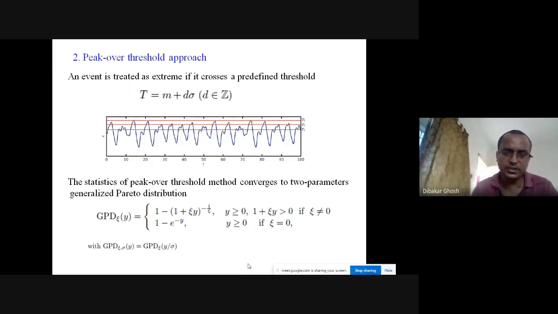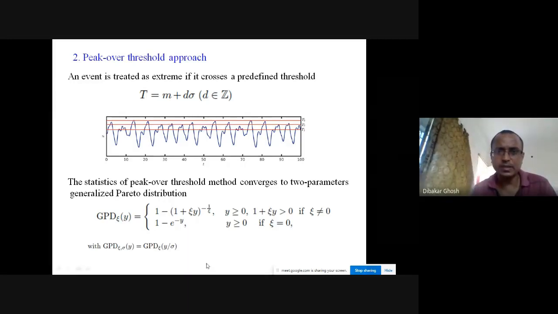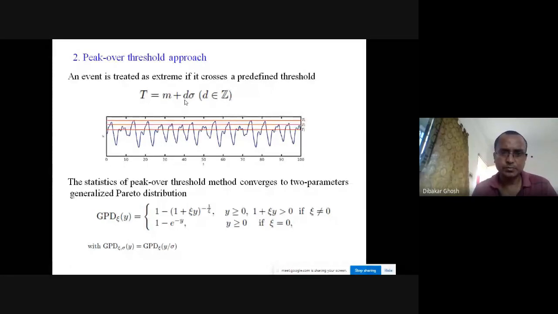where an event is treated as extreme if it crosses a predefined threshold T equal to m plus d sigma, where m is the mean of the whole data, sigma is the standard deviation, and d is some multiple, a positive or negative integer.